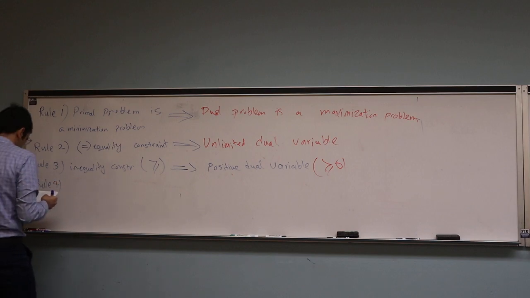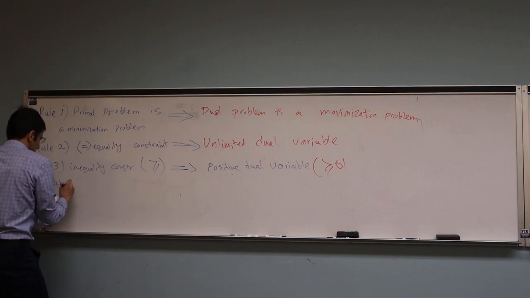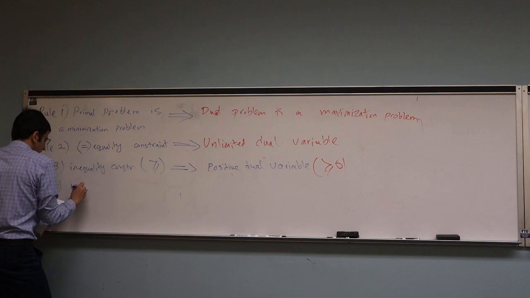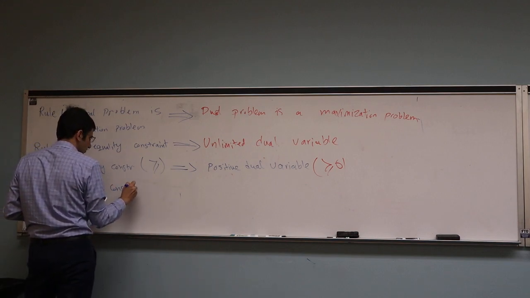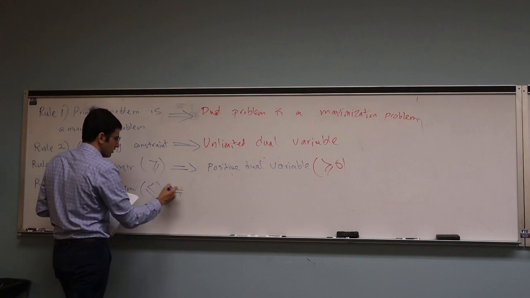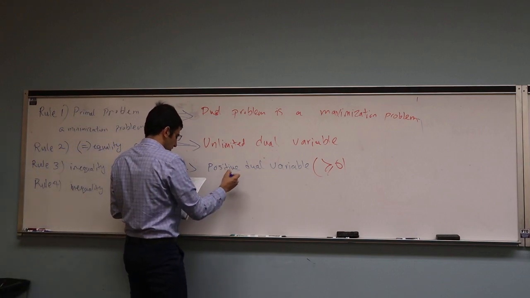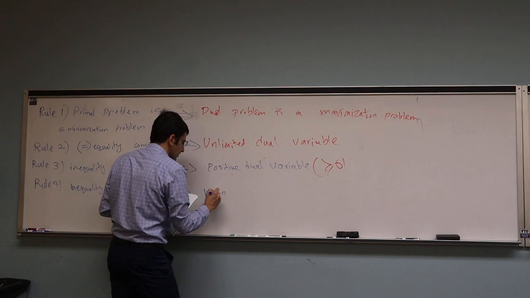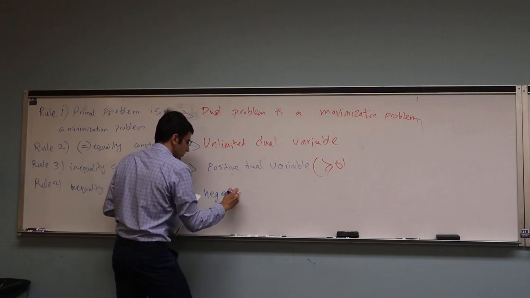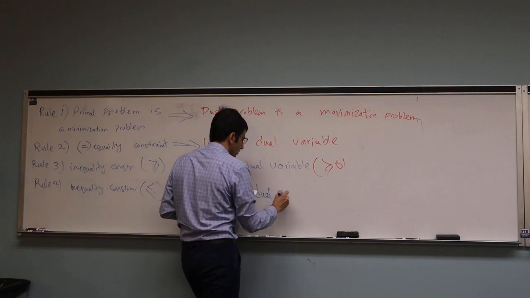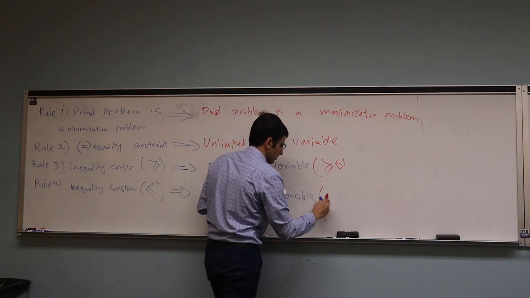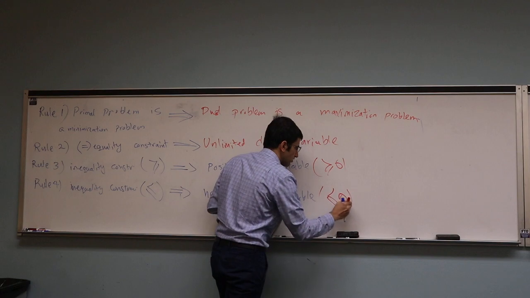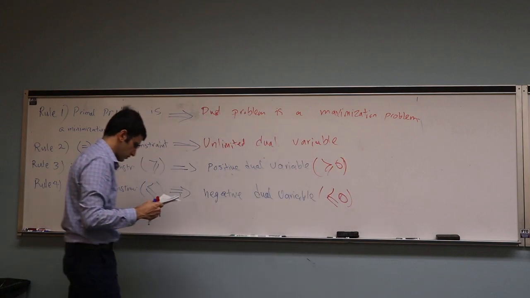Rule 4. Inequality constraint less than or equal to is equivalent to a negative dual variable, less than or equal to 0.